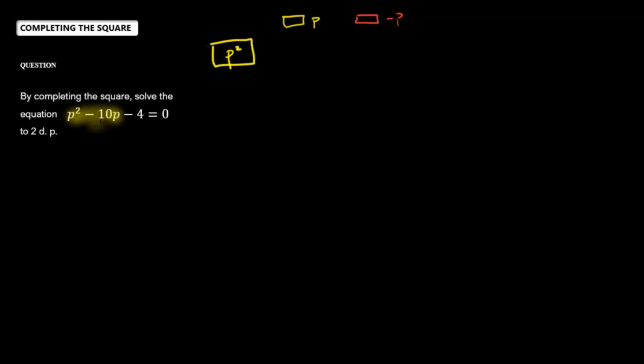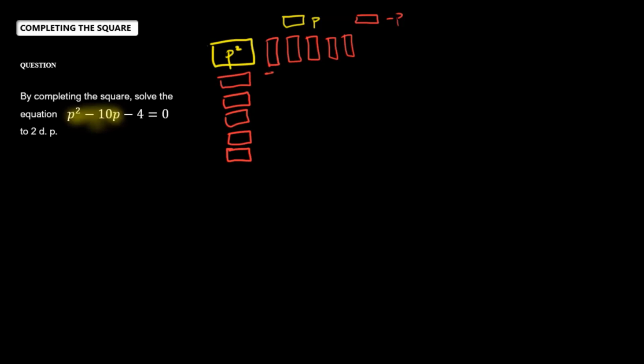So that means I need to split negative 10p in half. And that means I'd have 5 tiles up here, and I'd also have 5 tiles down here. And now I almost have my perfect square.